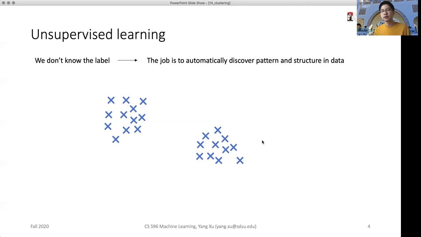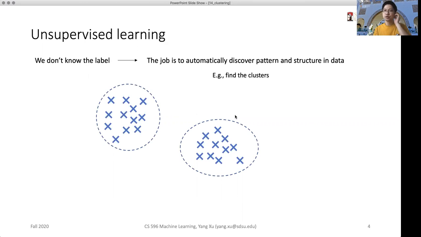Like if our data can be grouped into two clusters, then we can conclude with pretty good confidence that there are two generic categories in our existing data. So the goal of clustering algorithms is to find clusters in data. Given the two clusters, two groups, how do we design an algorithm that can automatically find this pattern for us?